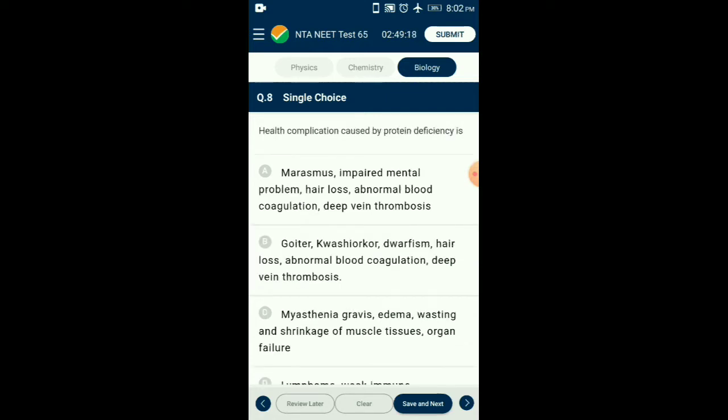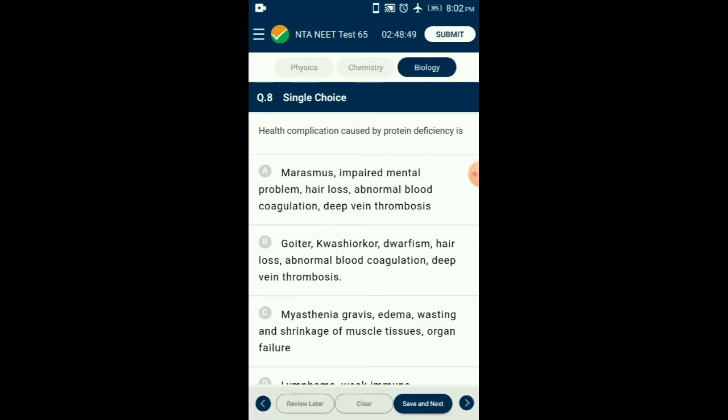Question number 8. Health complication caused by protein deficiency is. Protein is a macronutrient and major biomolecule required for development and repair of all body cells. Protein deficiency leads to disorder of blood coagulation, and a person with moderate protein deficiency is at risk of deep vein thrombosis.